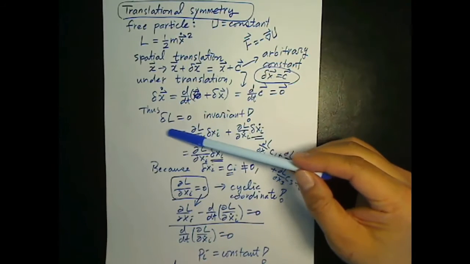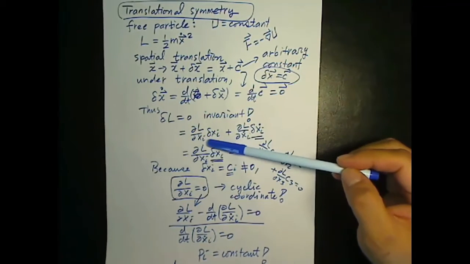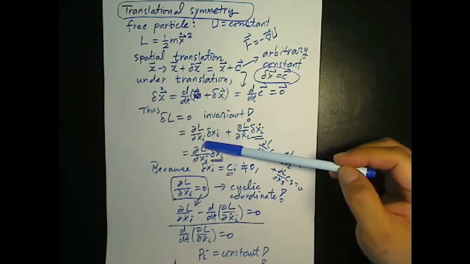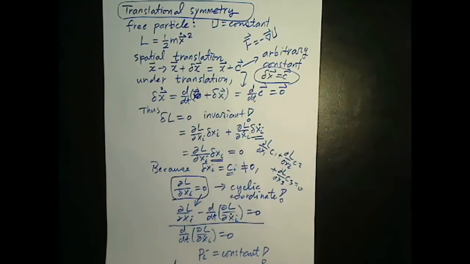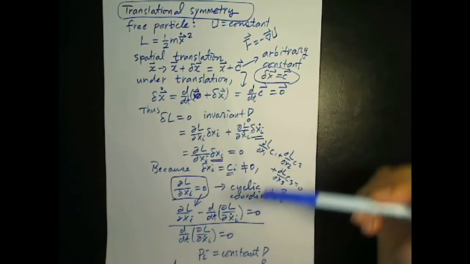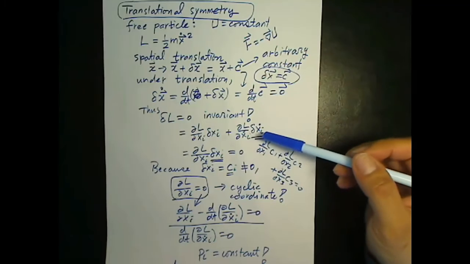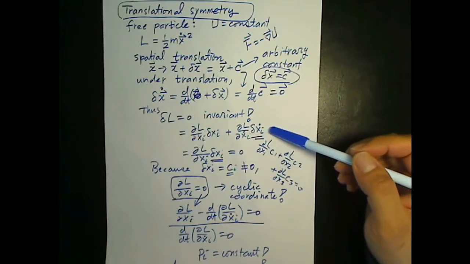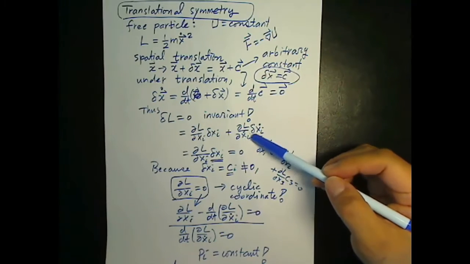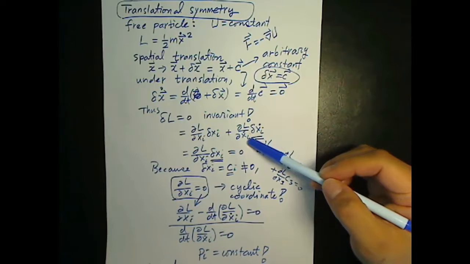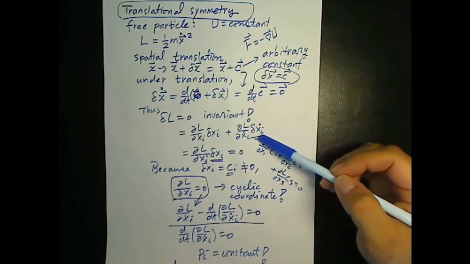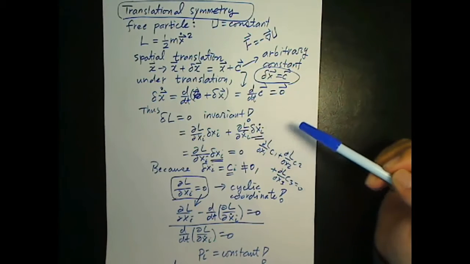But one can write delta L as the partial derivative of L with respect to x_i times the variation delta x_i, plus the variation due to the velocity, computed by the partial derivative of the Lagrangian with respect to x_i dot multiplied by the variation delta x_i dot.